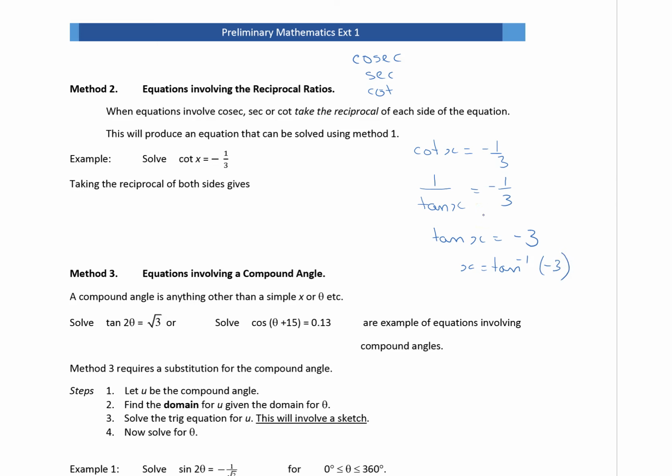What I didn't point out is that when you take your reciprocal, you will produce an equation that we solve via method 1.